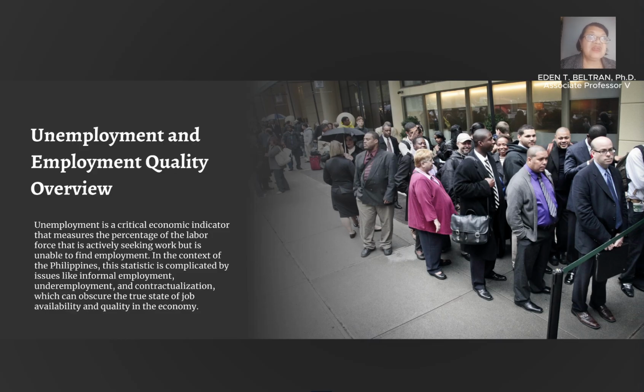So also there's this informal employment, and so they end up looking for jobs in the informal sector, and then also they have to be satisfied being part-time workers, so they are underemployed, or they have to accept contractual jobs.